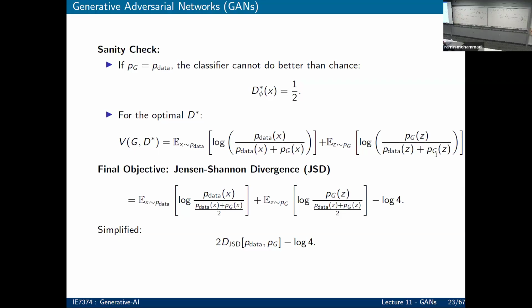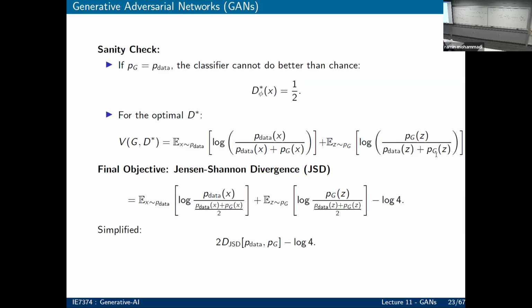Now, let me finish this slide and we take a break. So what we want to do, we pick that definition for the optimal discriminator and replace it back in the formula that we had. So instead of that log over discriminator, I just put this as a discriminator.